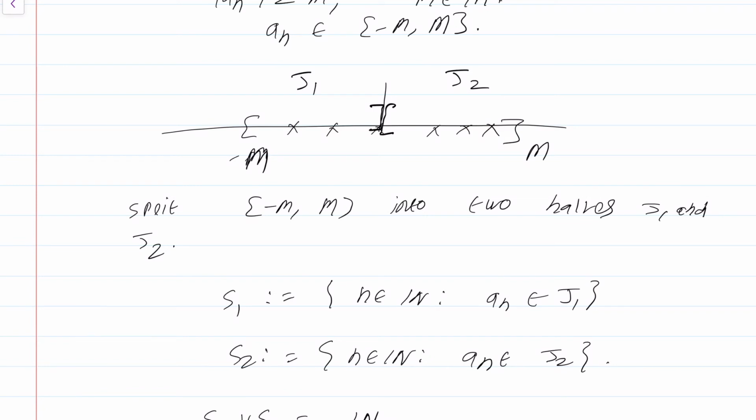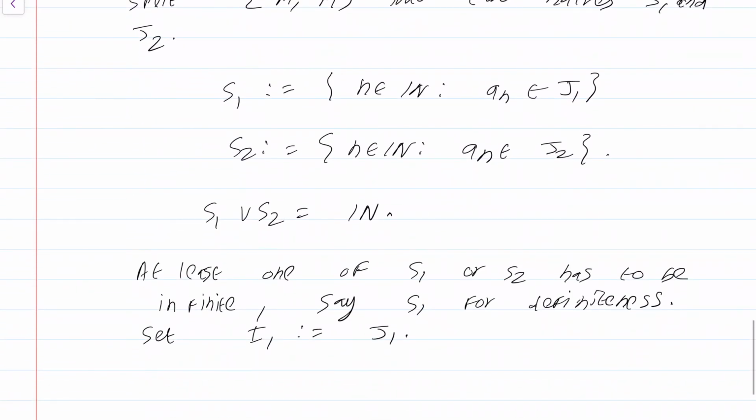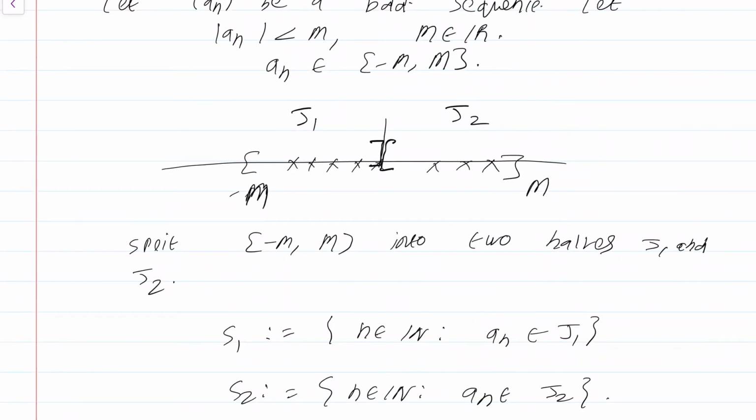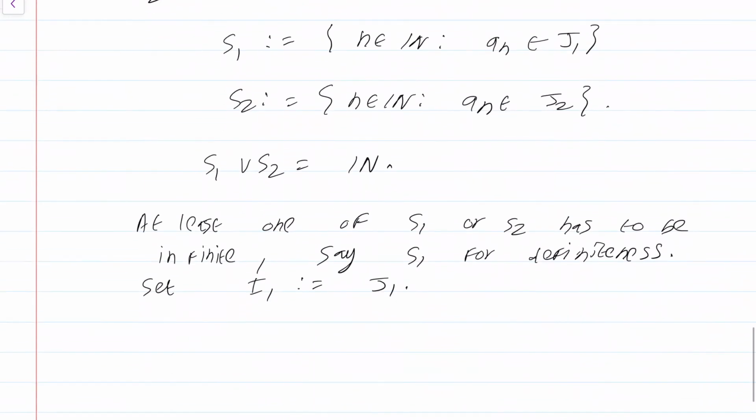Note, you must not make the mistake of thinking that there are infinitely many points an in J1. That's not true. It could be the case that the an's repeat. What is crucial is that the collection of indices for which an is in J1 is infinite, not the terms of the sequence. It could happen that the terms of the sequence are all the same, with only one point in J1. That can also happen. It's just that there must be infinitely many indices.